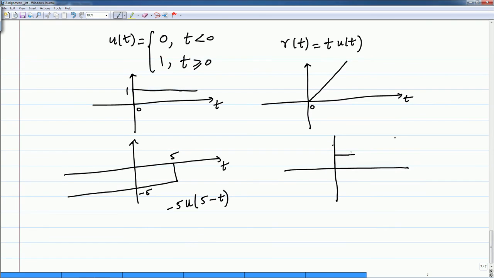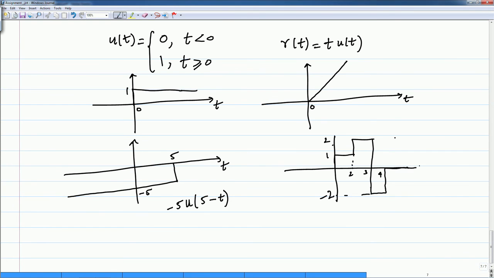You stay at 1 for a while, and then at maybe time 2 it moves off to 4, moves off to 2, and then maybe at time 3 it comes down to minus 2, and then maybe comes down to 0 at time 4 and stays like that.